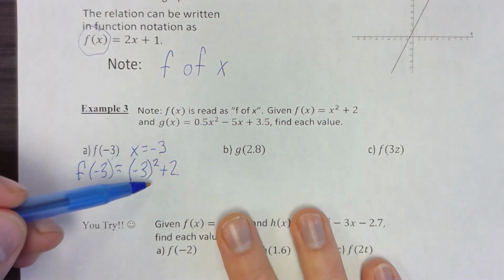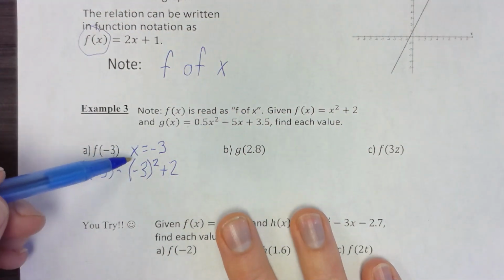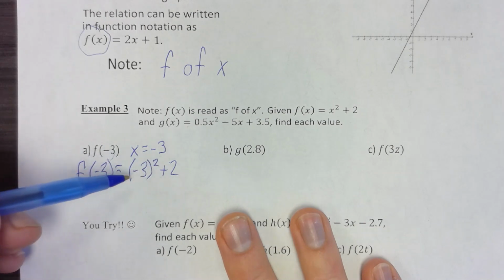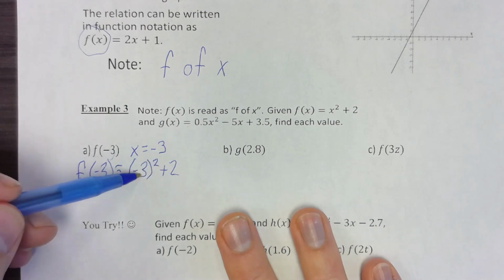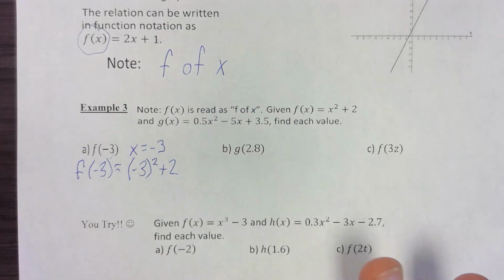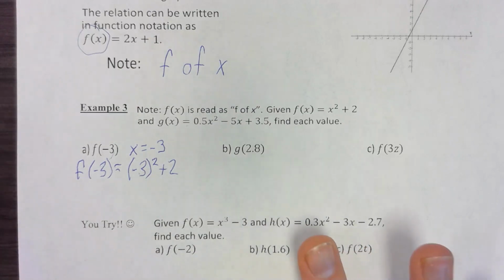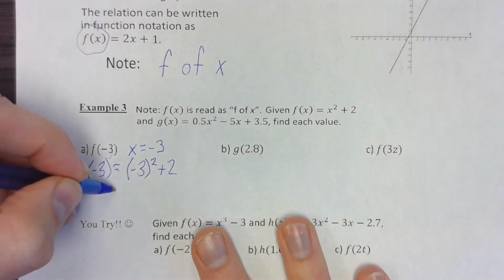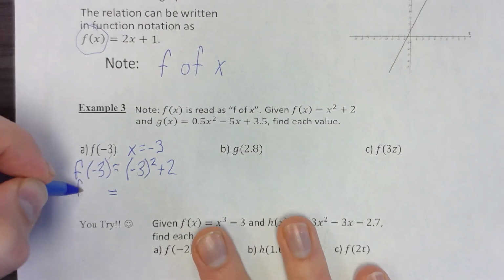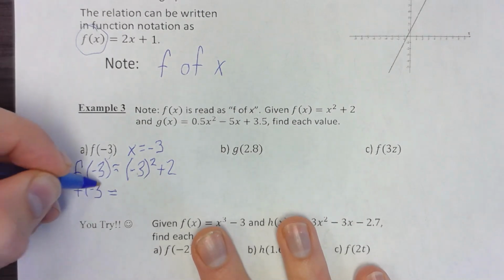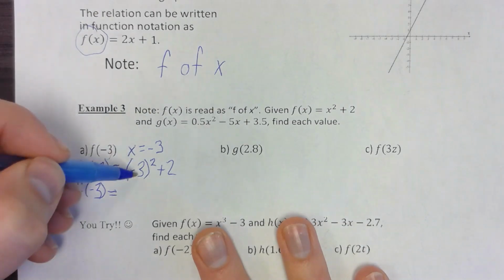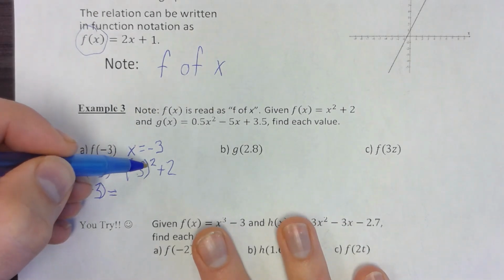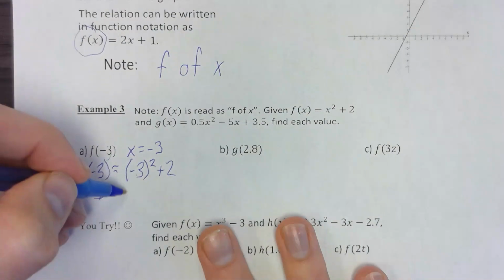I wrote this in parentheses because when I square this, it's going to be -3 times -3, and if I didn't have the parentheses there, I'd be saying something totally different. So please put the parentheses there. Now you're just evaluating. f of -3 equals, well, -3 times -3 is 9, plus 2 is 11.